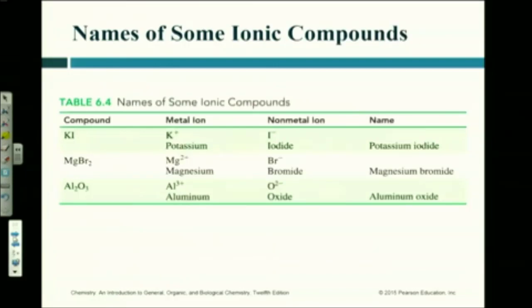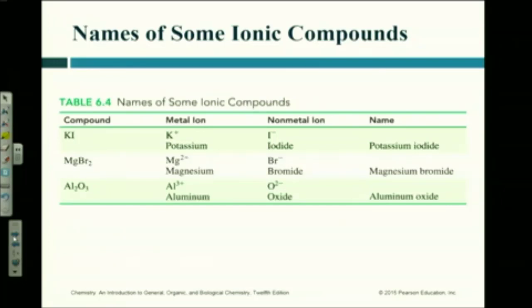Here are some examples. First one, potassium iodide. Second one, magnesium bromide. Aluminum oxide. Now, do you see anything in these names that tells you how many of each ion you have?